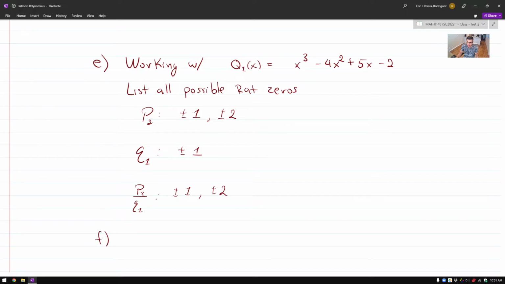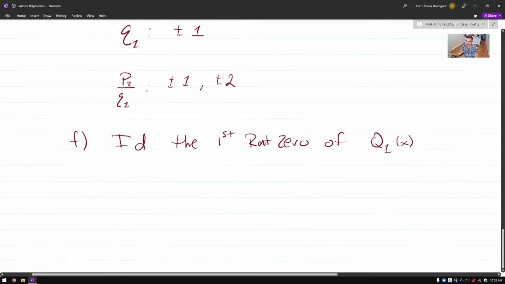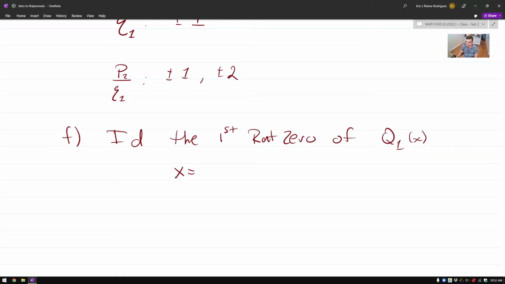Next step: identify the first rational zero of Q sub 1 of x. I just said that I know that x minus 1 is a factor, that 1 is a zero of that polynomial.